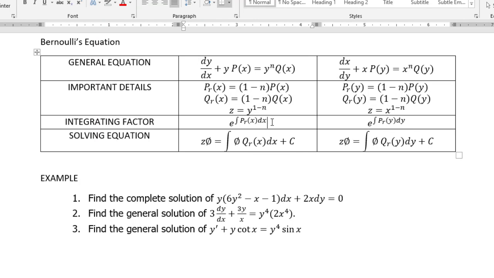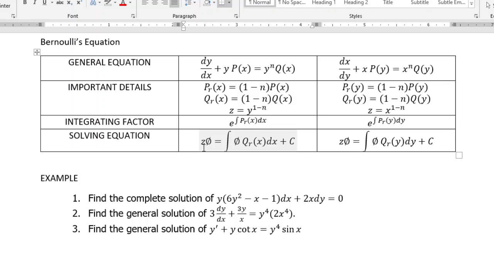And then, sa integrating factor, halos parehas lang kay Polde. Kung sa Polde, p of x, dito sa Bernoulli, e raised to the integral of PR of x. PR ang gagamitin natin. Kaya nga kinuha natin yung PR at QR kasi yung gagamitin natin for the integrating factor and for the solving equation. So, sa kabila naman is e raised to the integral of PR of y, dy.